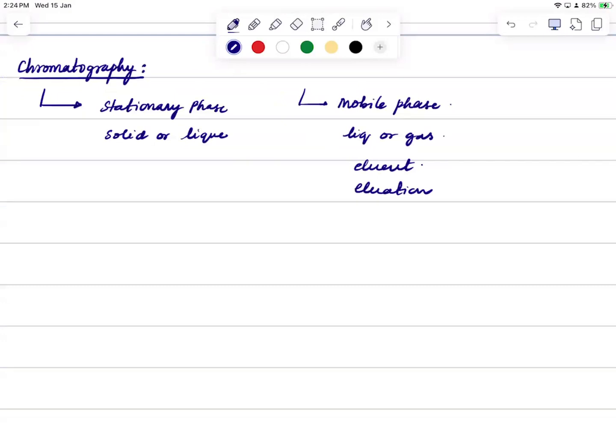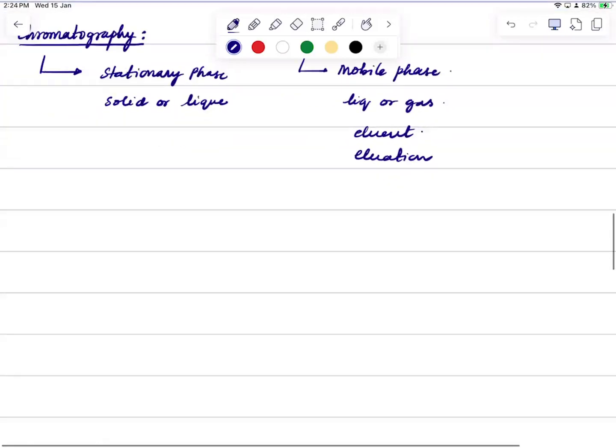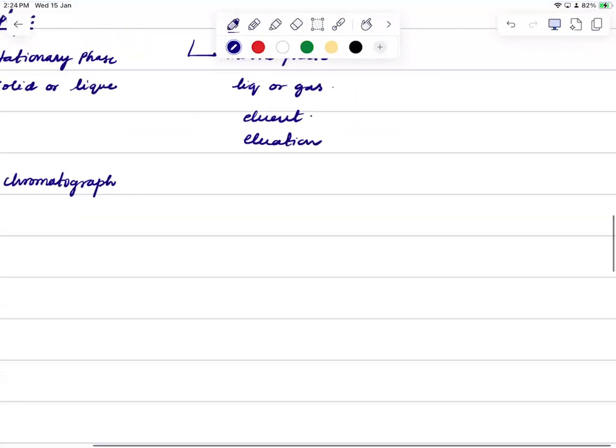Next, as per the syllabus, you have mainly two types of chromatography. One is adsorption chromatography, and the other one is partition chromatography.